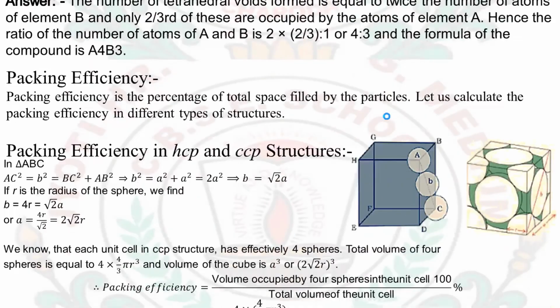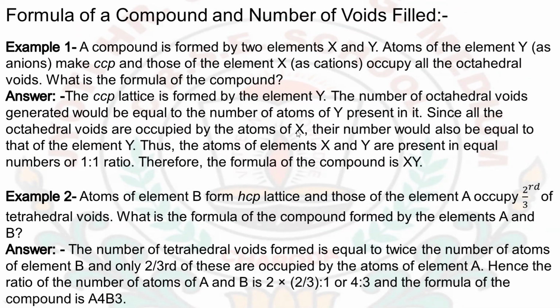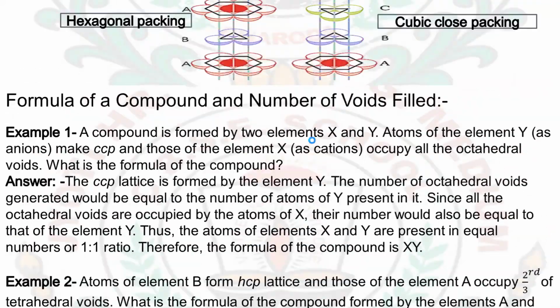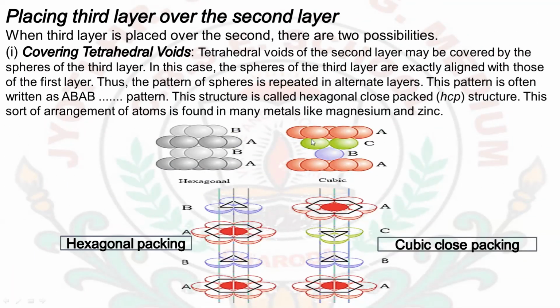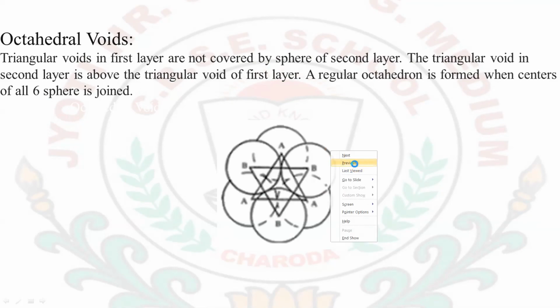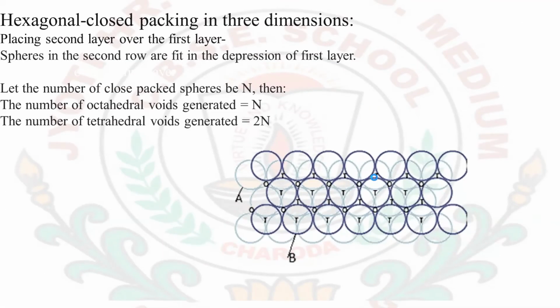This was your example for the formula of compounds and the number of voids filled by them. Next is packing efficiency. We will take packing efficiency in our next lecture, and there are some important derivations related to it. Octahedral voids, tetrahedral voids, AB layering, ABCA layering, all these are very important and asked in the paper.